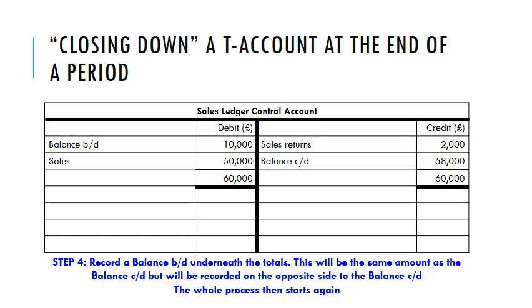So we've got 58,000 balance carried down on the credit side of this T account. We'll record that on the debit side of the T account, just under the totals. What happens then is that the whole process starts again. So we will then again start recording sales, sales returns, and so forth.